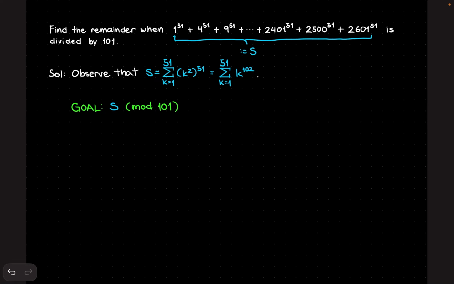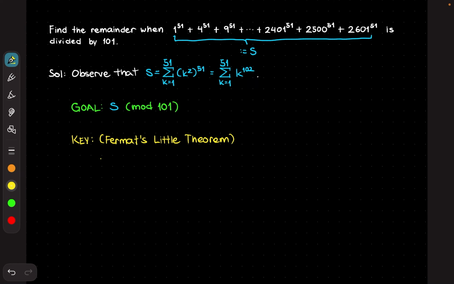So this is what we'll be applying, and more specifically, we'll be applying some of the properties of modular arithmetic in this problem. Aside from this, we'll be using the following famous result in number theory. It is called Fermat's Little Theorem.